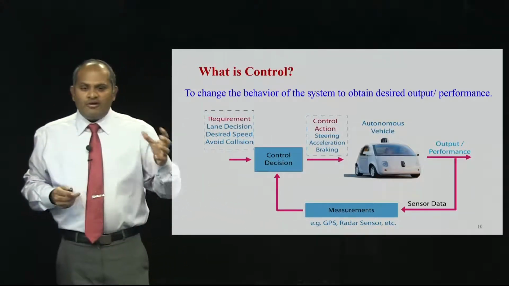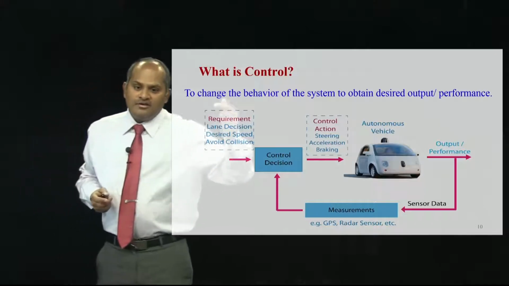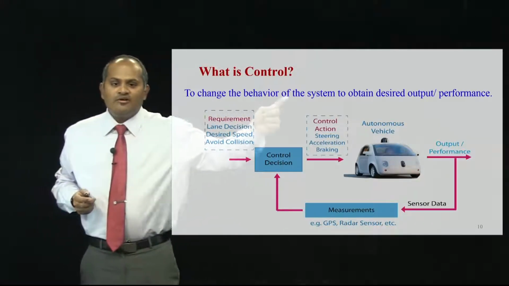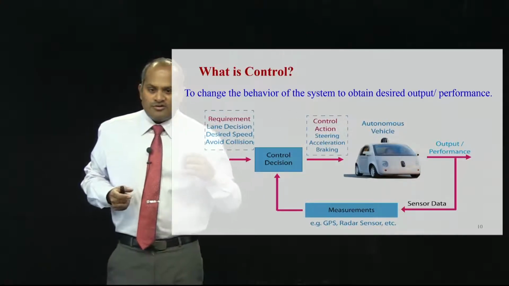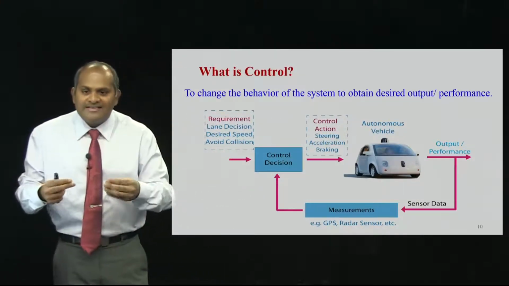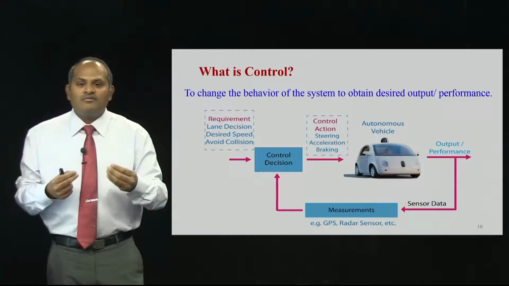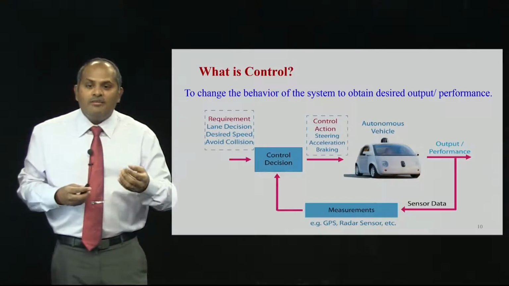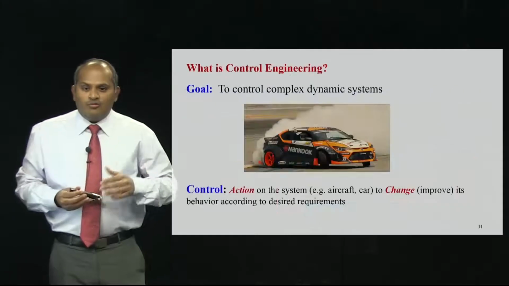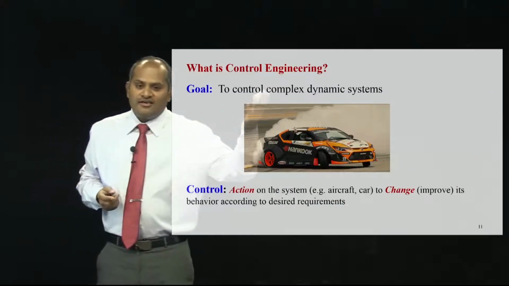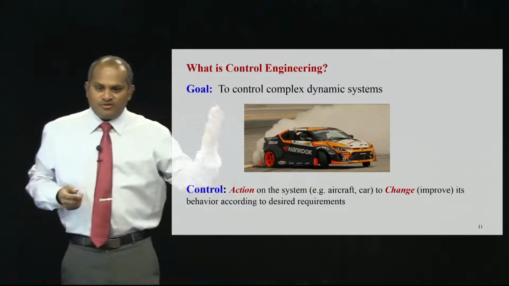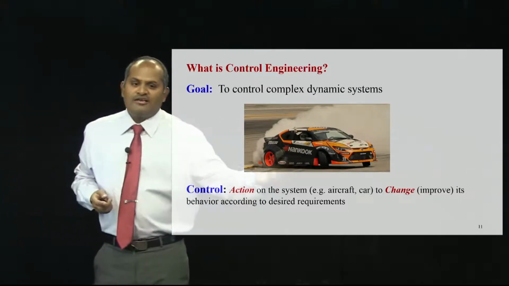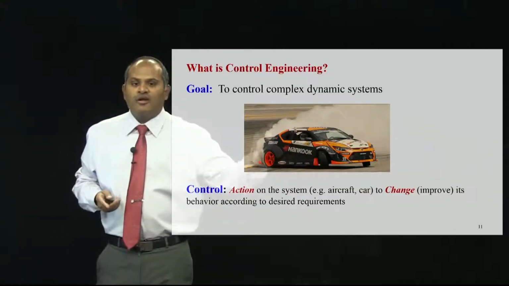So, if we try to analyze what is control, it is to change the behavior of the system to obtain the desired output or performance. So, we try to modify the system behavior so that we can get our desired performance. What is control engineering? The goal is to control complex dynamic systems. So, real engineering systems like a sports car, train, we would like to control.